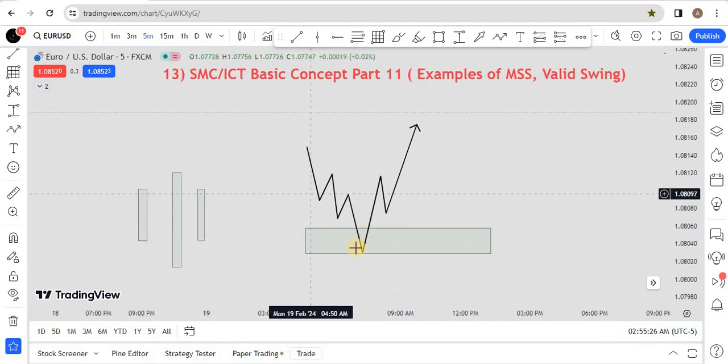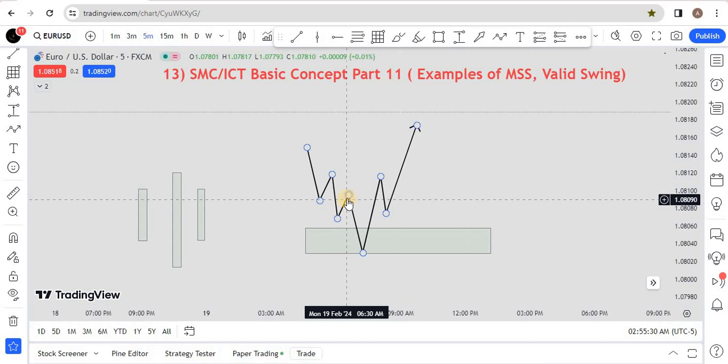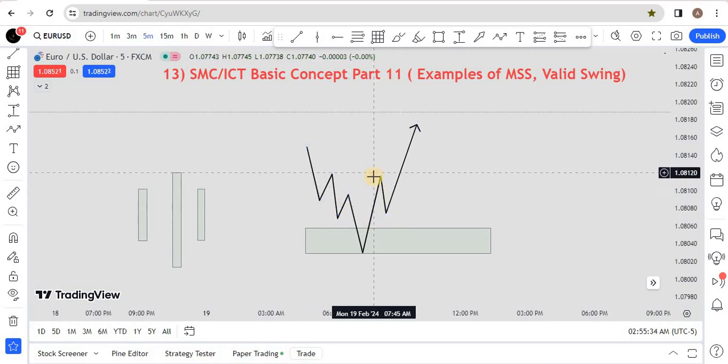For a market structure shift, price is bearish, goes downside, taps on the POI, and we have a valid swing point. Then the market displays upside, and the shift from bearish to bullish is called a market structure shift. Then we get our entry on a fair value gap, breaker block, order block, or whatever the strategy.